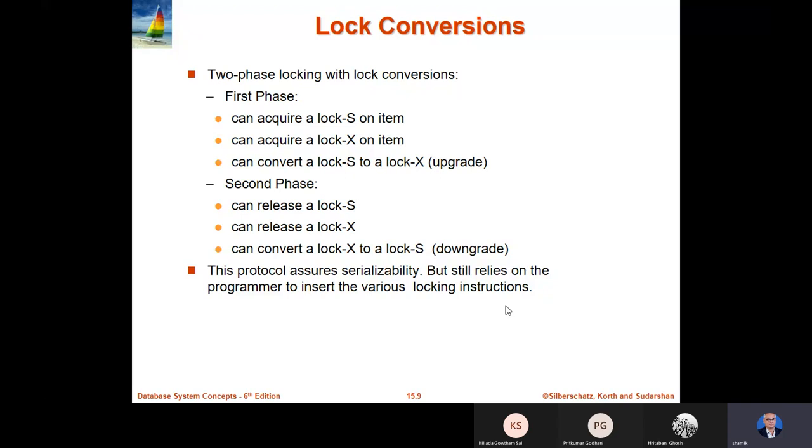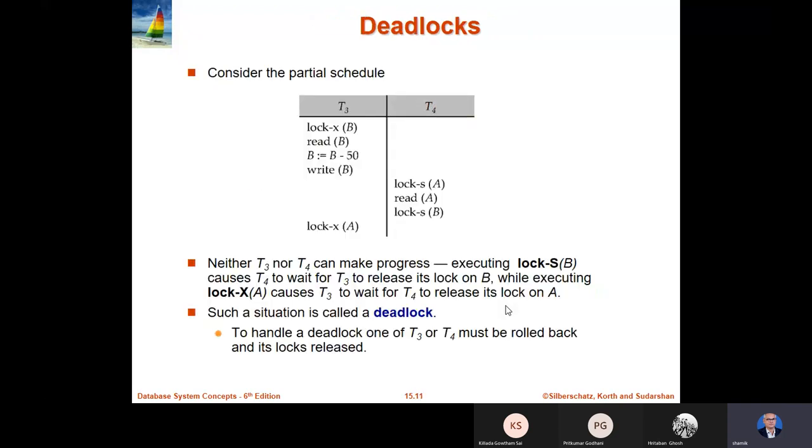And we have also taken a couple of variations, which are strict 2PL and rigorous 2PL, and we have seen that they provide the added advantage of generating only cascadeless schedules.